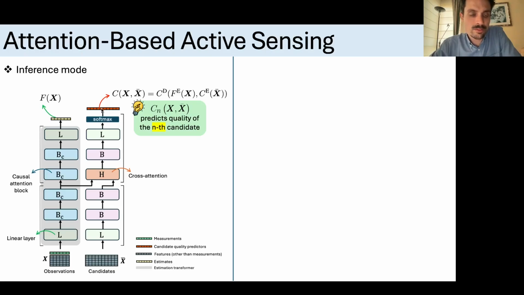The mth entry here quantifies the quality of the mth candidate location for estimating the map, right? So choosing the best candidate location is just a matter of finding the largest number in this vector.